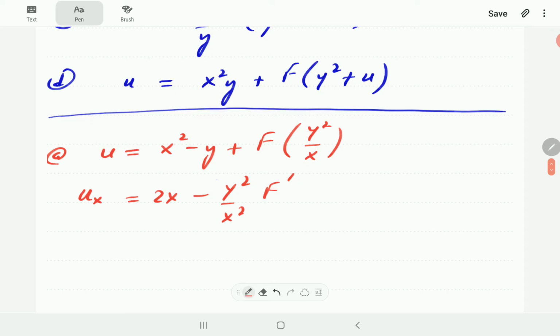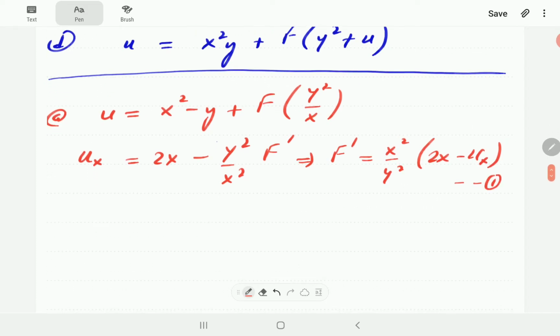So from here we can make f prime the subject of the formula. It is going to be equal to x squared over y squared times 2x minus u_x. So let's call this equation number 1.